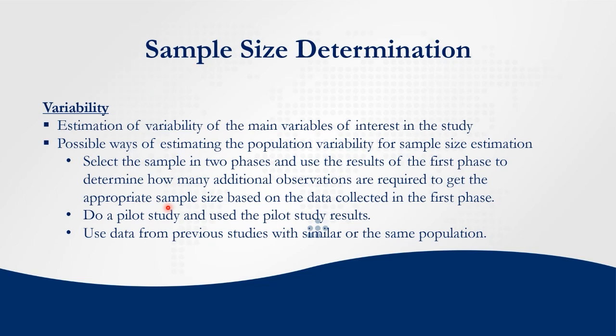So maybe they looked at a population that is similar to yours, and this is the variability that they got in the study, and you can use it as an input now for you to be able to estimate.